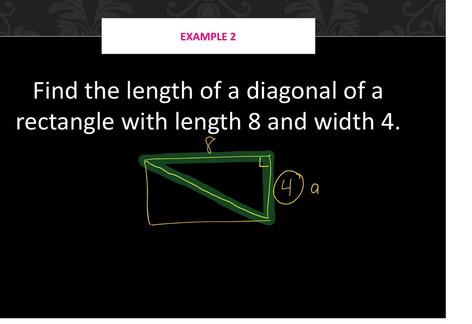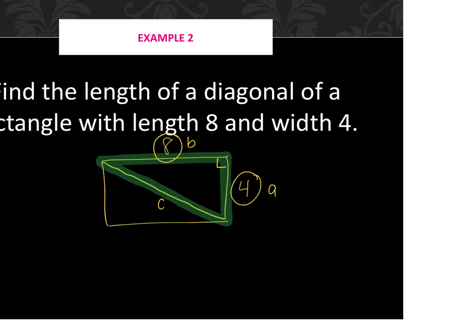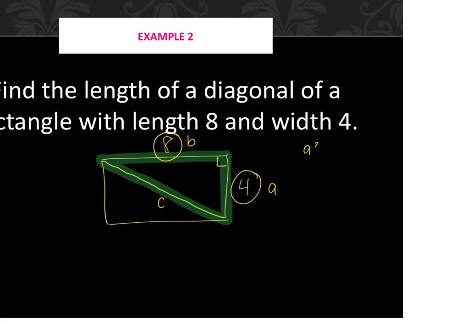It could be A, it could be B. If 4 is A, 8 is going to be B. And then our hypotenuse will be C, or the length of the diagonal. So all we're going to do is plug that into our formula. A squared plus B squared equals C squared. A is 4, so 4 squared plus B, which is 8 squared, equals C squared.